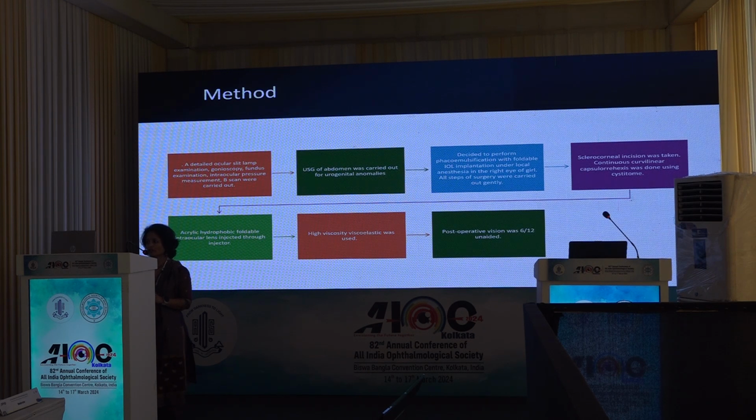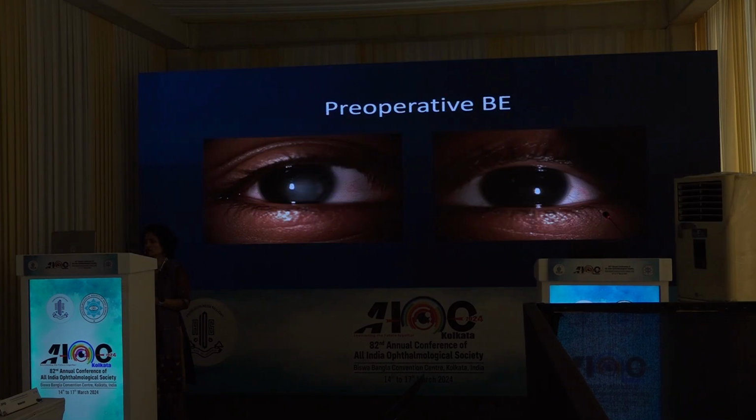USG abdomen was also carried out for urogenital abnormalities. We decided to do phaco with a foldable IOL under local anesthesia of the right eye first, and all the steps were done nicely. After putting the lens, the wound was closed and she had post-op vision of 6/12 unaided.